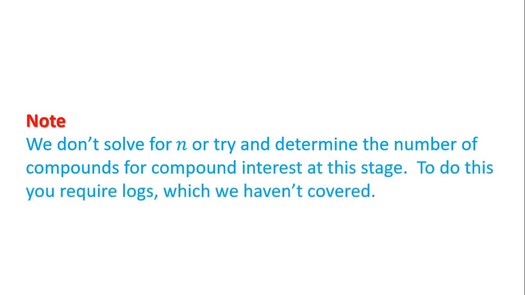To do this, you require logs, which we haven't covered. Logs is a concept that deals with exponents, but don't stress about that now. Okay, so you will never get asked to solve for n with compound interest. And I hope that is clear.